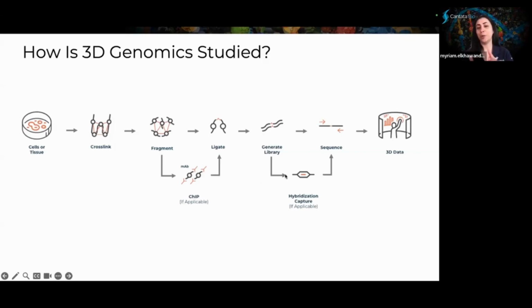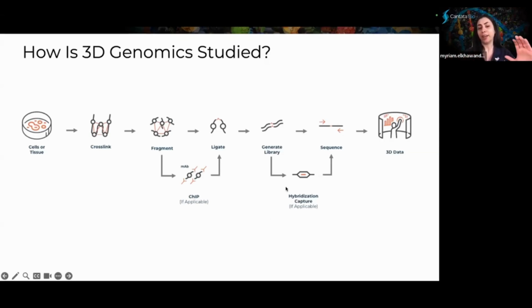The other flavor is more of a sequence-centric viewpoint. Unlike the protein-centric viewpoint, here you're focused on the interactions associated with your regions of interest. Usually that region of interest is a promoter site, but it doesn't have to be. It's really any region of interest that you're looking at.